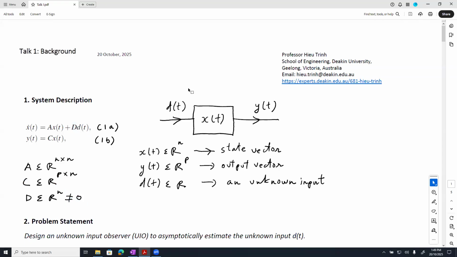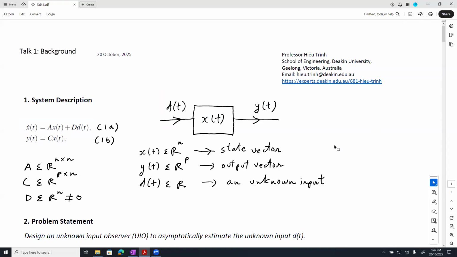When we look at this model, the output measurement vector and the unknown input are linked through the state vector. The state vector x of t is linked to the unknown input by this equation, and the output measurement vector is linked to the state vector by this equation. So y of t is a linear combination of the state vector. p is often less than n.